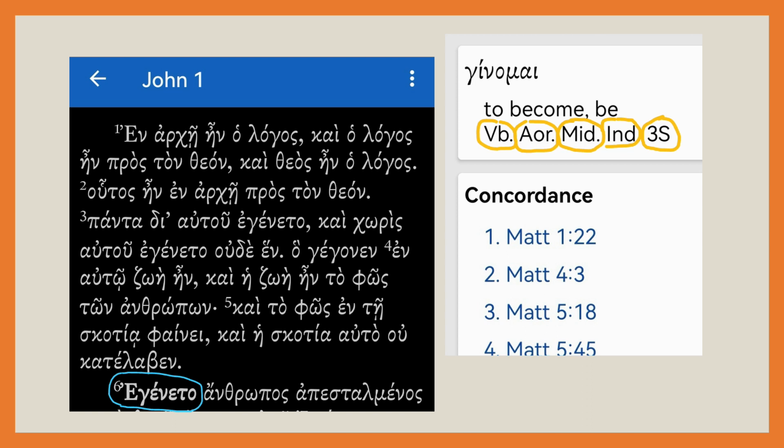So it's showing you the other uses of the word egenetor specifically, and not all the forms of ginomai. I think most concordances will show you all the forms of the word, and that can be quite helpful, but this is also quite helpful if you're looking at particular word study and how things are used. So the two different approaches have their different advantages.